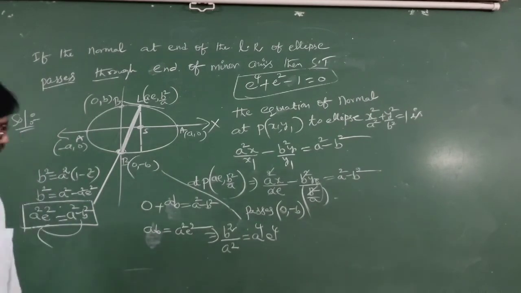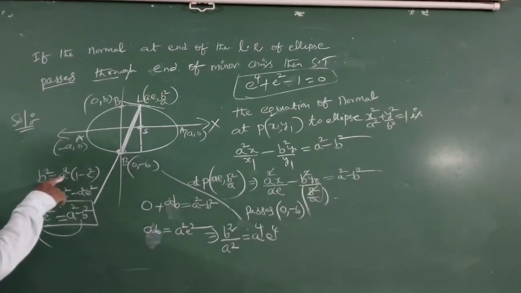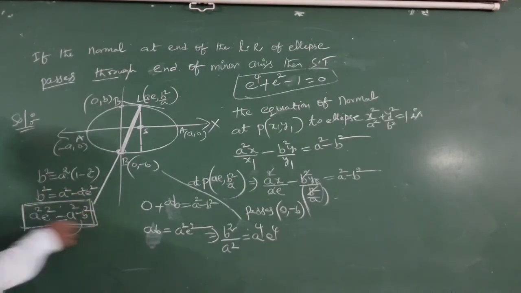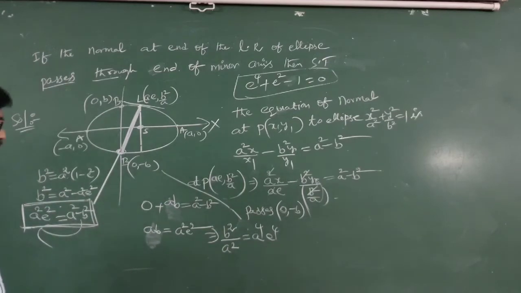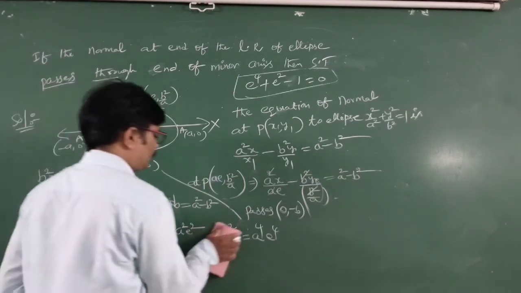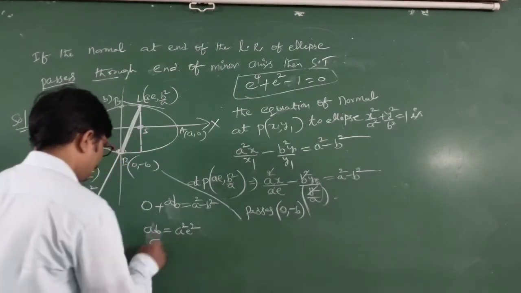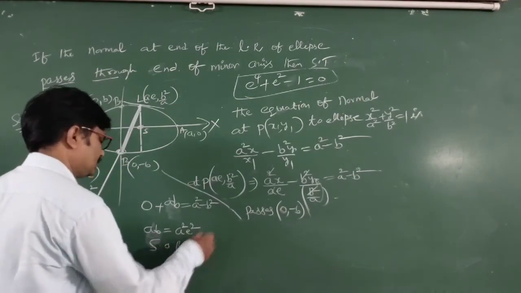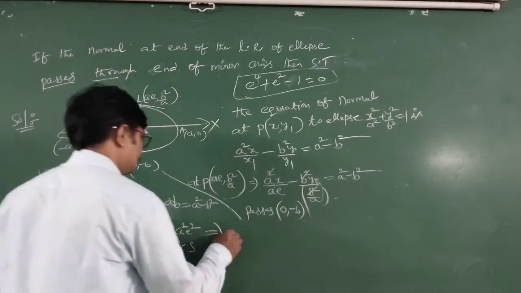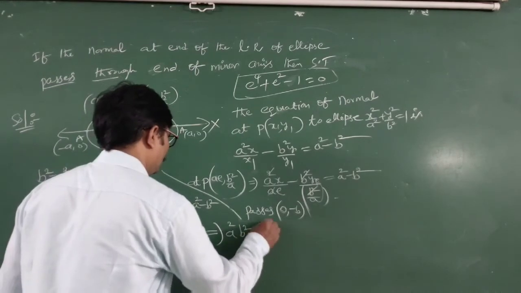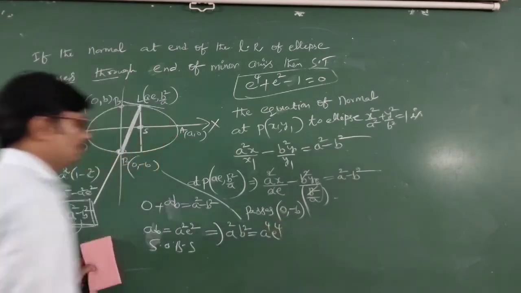So my dear students, when we are taking b square equal to a square into 1 minus e square, the a square minus b square is a square e square. Now, when we square on both sides, that implies a square e square equal to a power 4 e power 4.